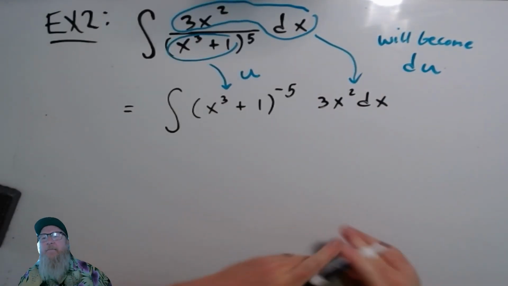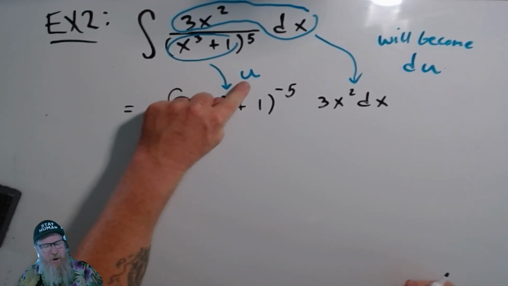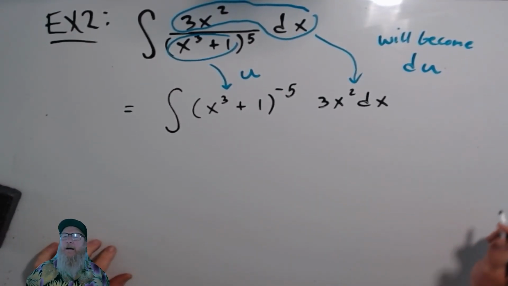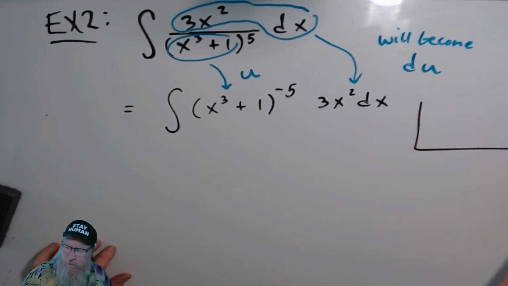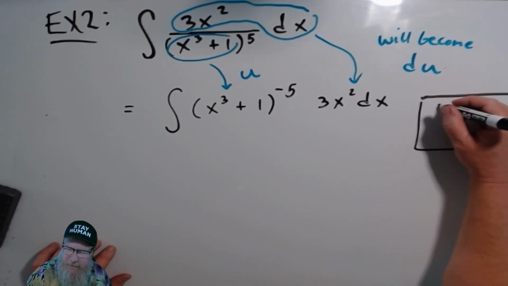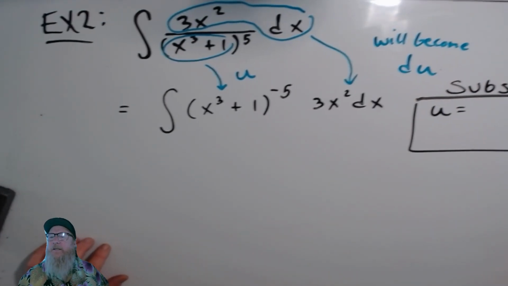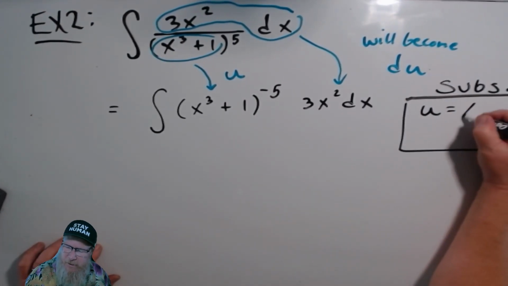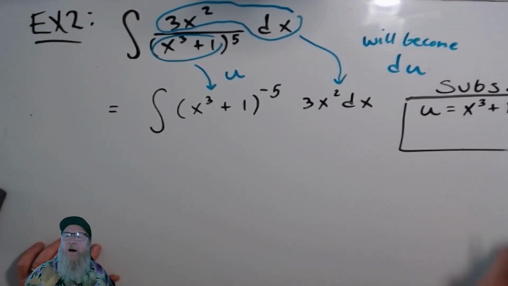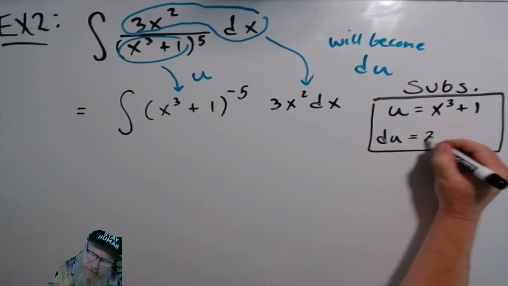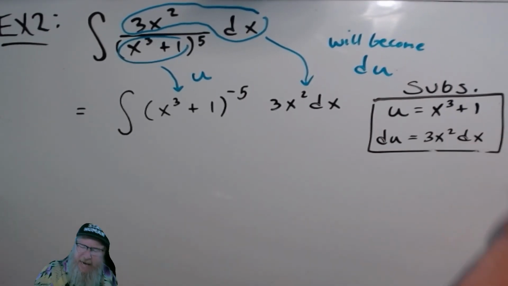At the very minimum in your notes, you should note, with some kind of annotation, who is u. The best way to do it is to just write off to the side here who your u is. We call this the subs, or the substitutions. So u is x cubed plus 1. And then du is 3x squared dx.